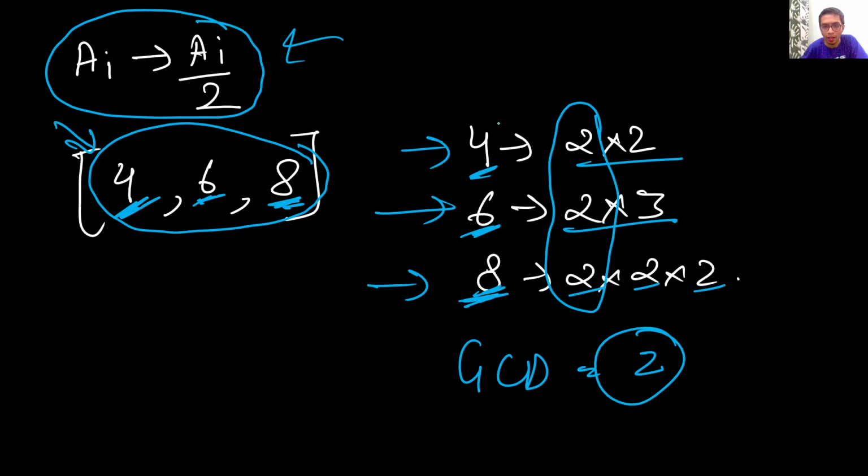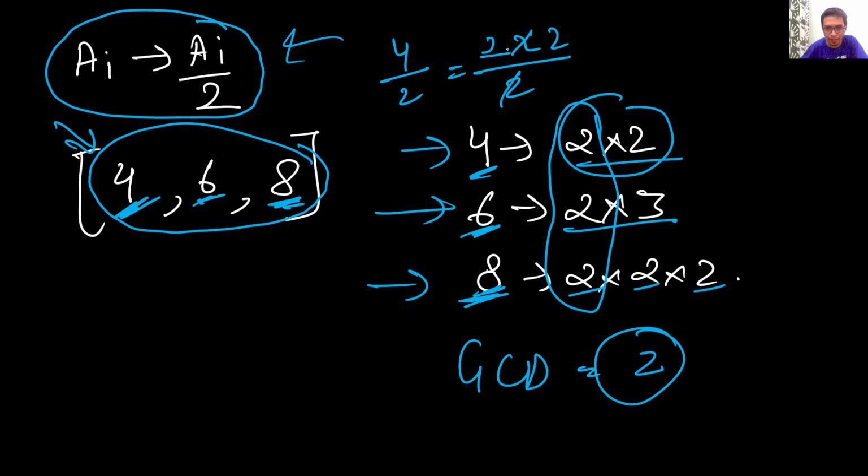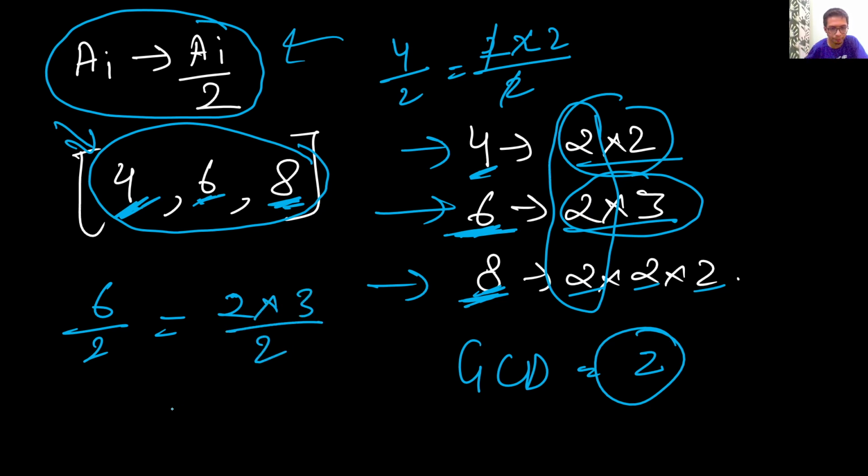Now, dividing 4 by 2 simply means dividing these factors by 2, or dividing 2 cross 2 by 2. So I'll simply remove a 2 from here. Dividing this 6 by 2 means simply dividing these factors of 6 by 2. And dividing 8 by 2 simply means dividing 2 cross 2 cross 2 by 2.